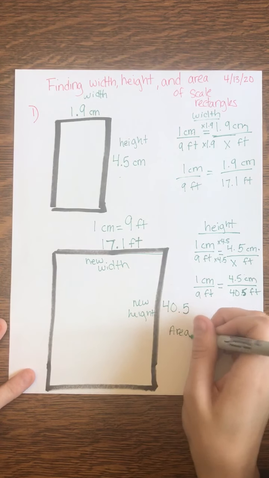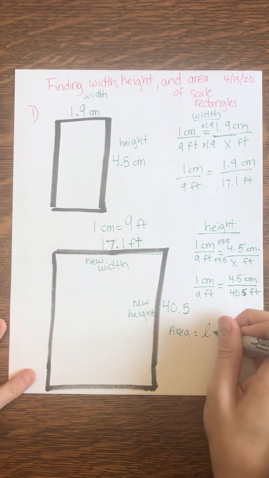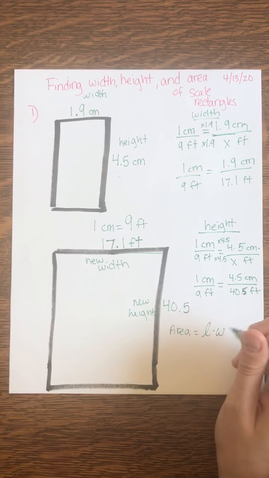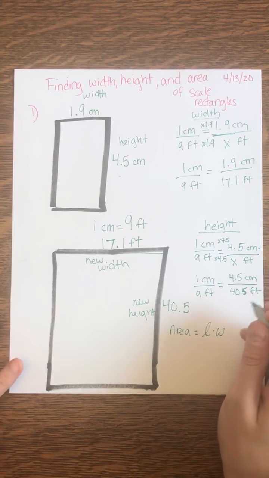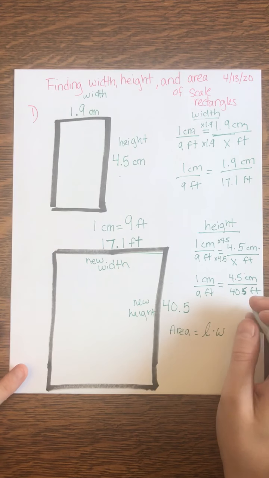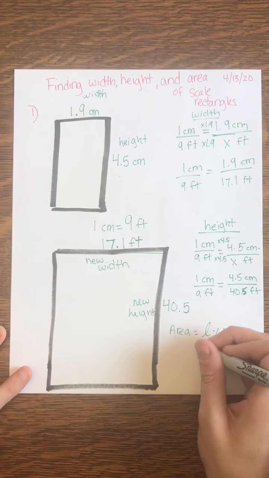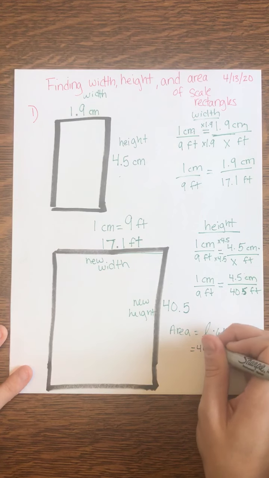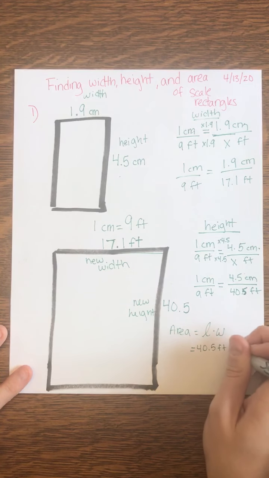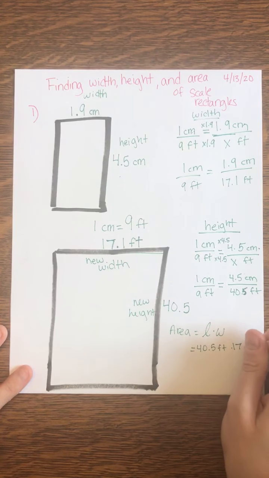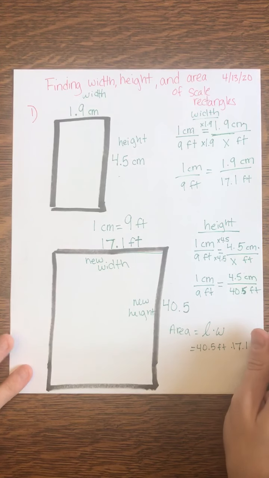We know that to find the area of a rectangle, it's length times width. And units are always squared for area. So it's length times width, and feet, so I'm going to plug in 40 and 5/10 for length, 40.5 feet, times width, which is 17.1 feet.